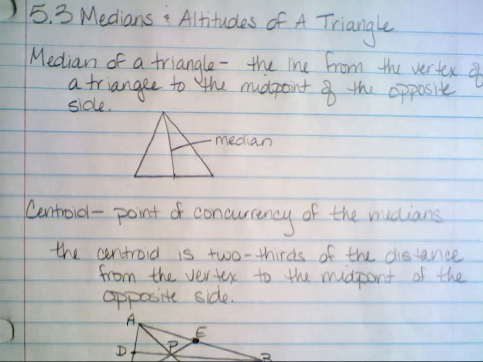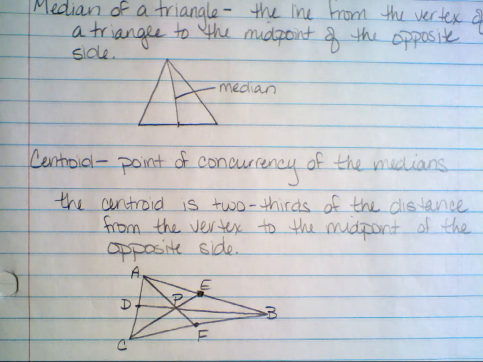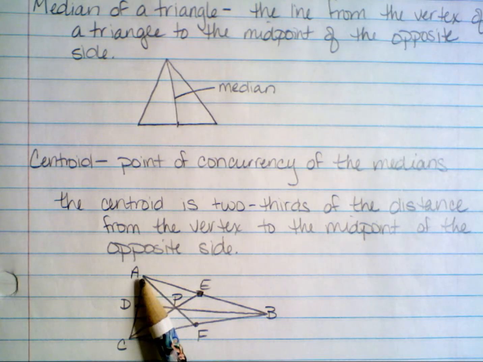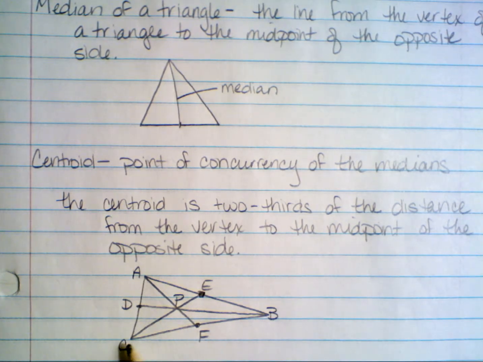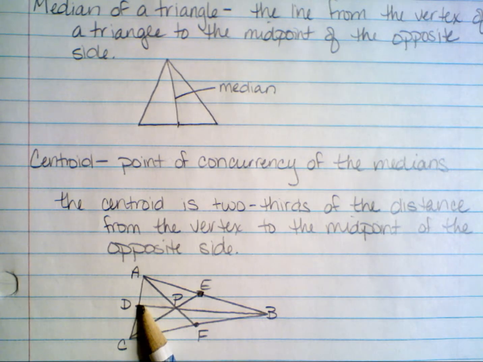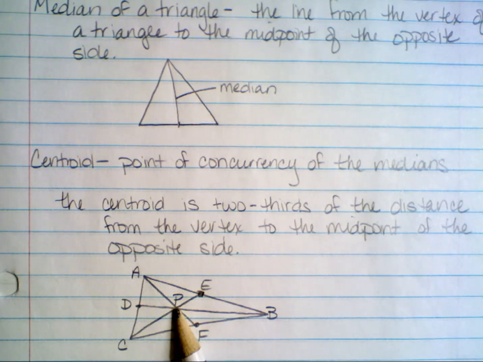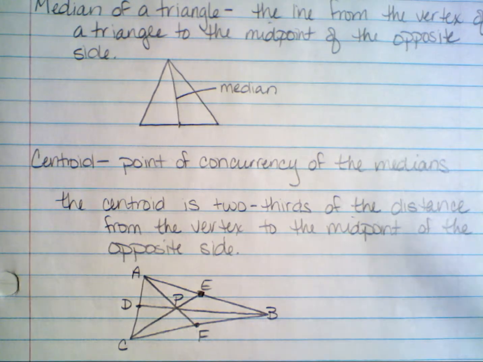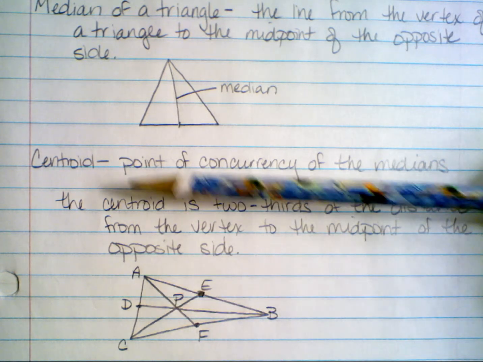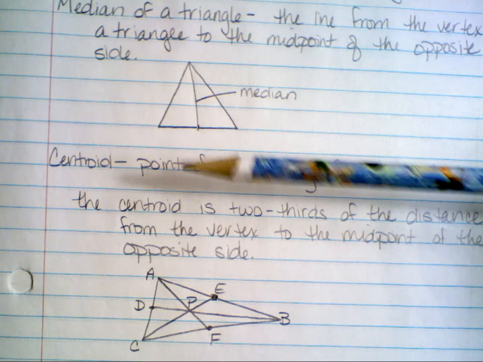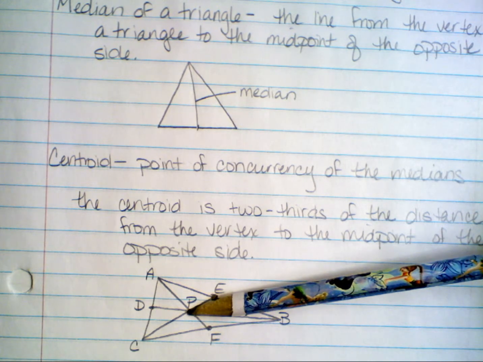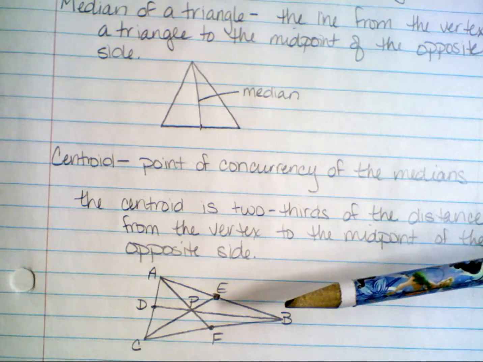So if I look down here at this next example, I have this triangle ABC, and the median from vertex A is F. The median from vertex C is E, and the median from vertex B is D. And all of those points meet at point P. So now point P is the centroid, and it is 2/3 of the distance from the vertex to the midpoint of the opposite side.